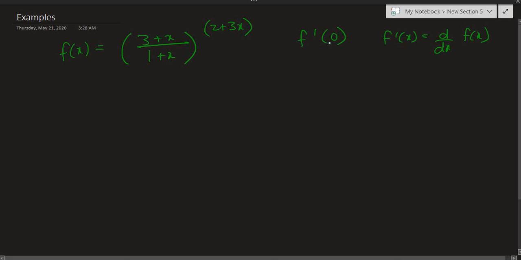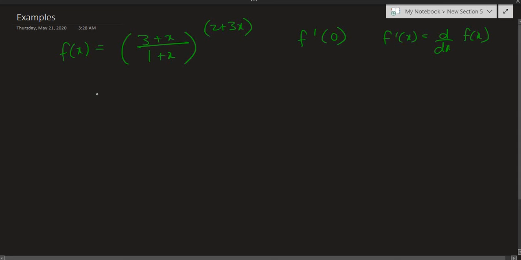That's when you get f prime of 0. In other words, it's the slope of the tangent at x equals 0, if you want to think about it geometrically. And I have explained this concept in my differentiability videos, so you might want to revert back to some old videos of my playlist if you don't remember this concept.